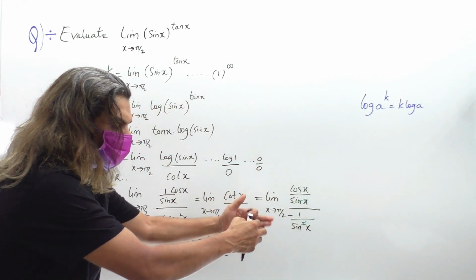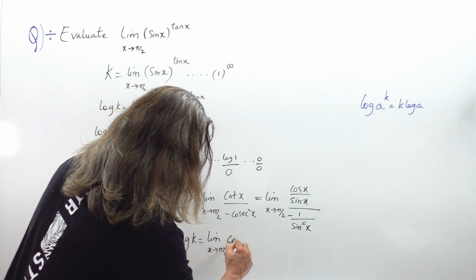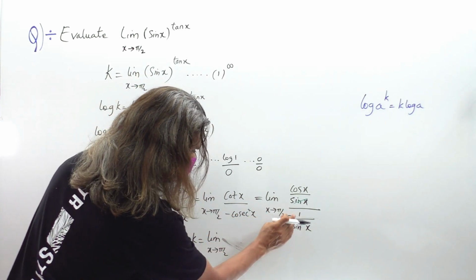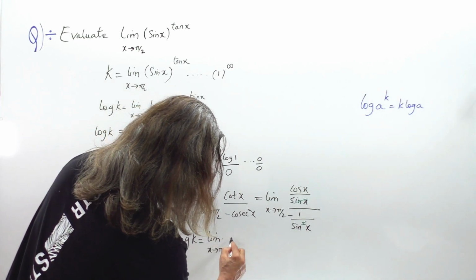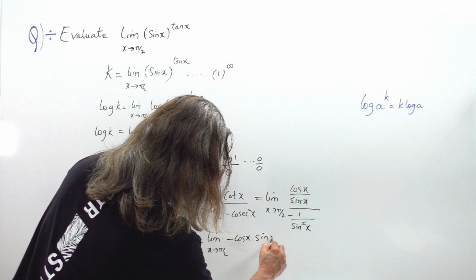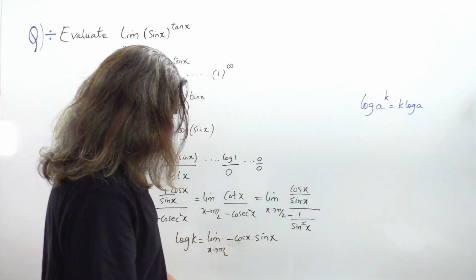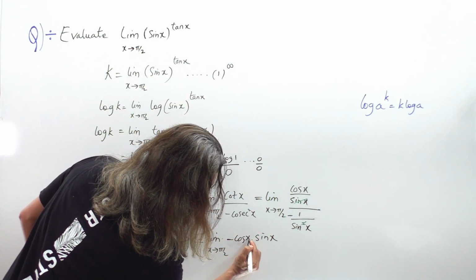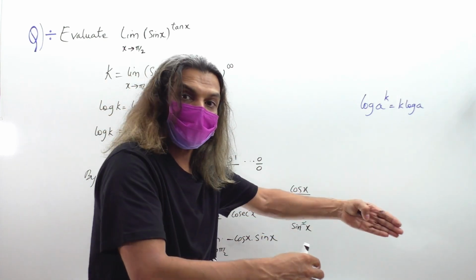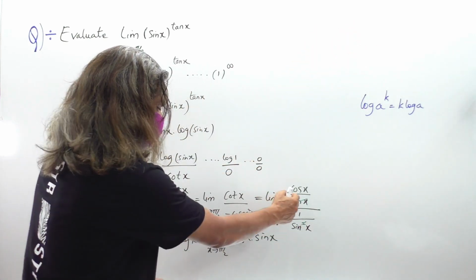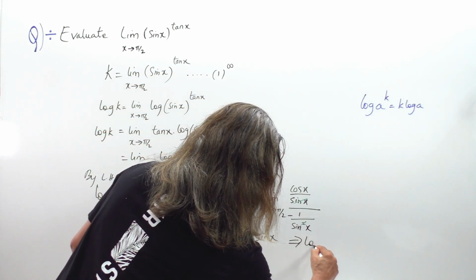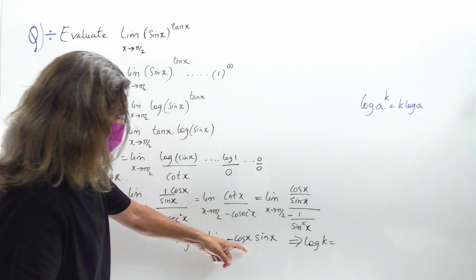Cos by 1 by sin means it will be minus cos x into sin x, because there is a minus sign here. Why? Because simple mathematical transformation. Cos as it is, cos divided by 1 by sin, so 1 by 1 by sin goes top. So cos into sin.